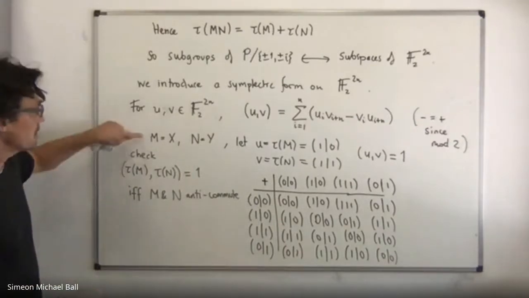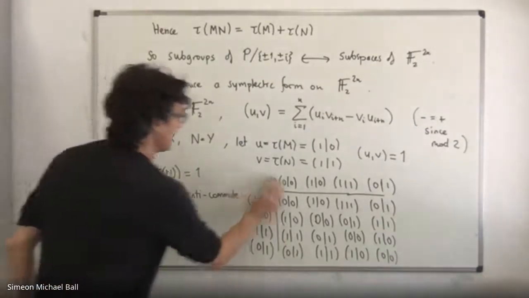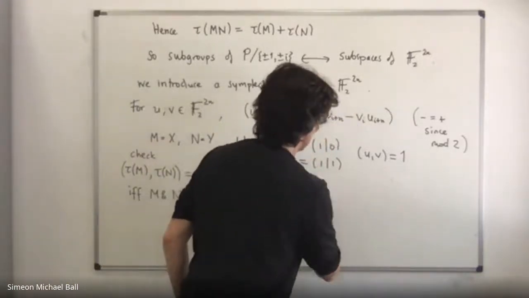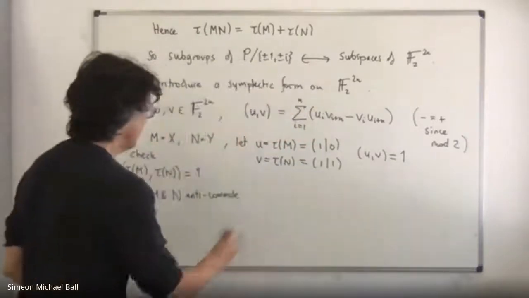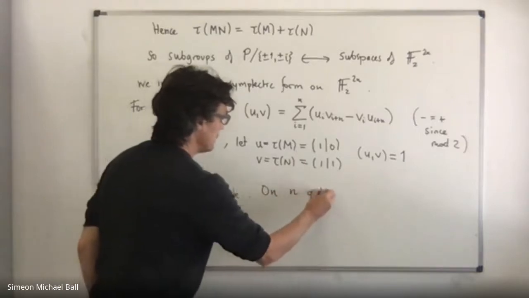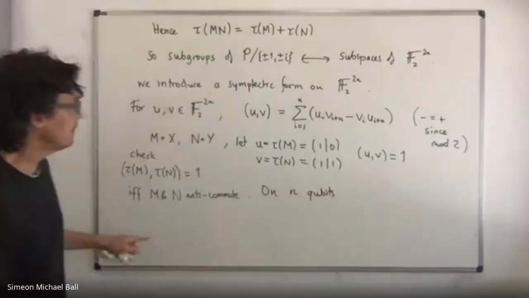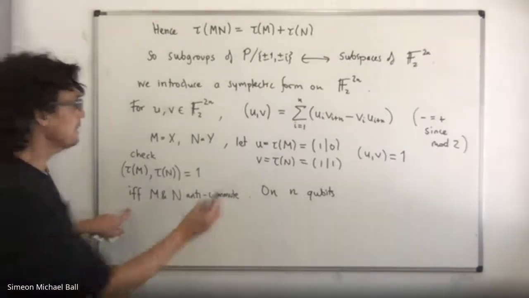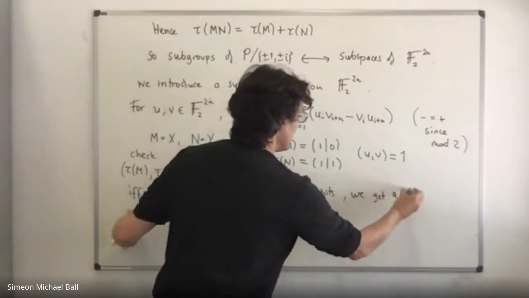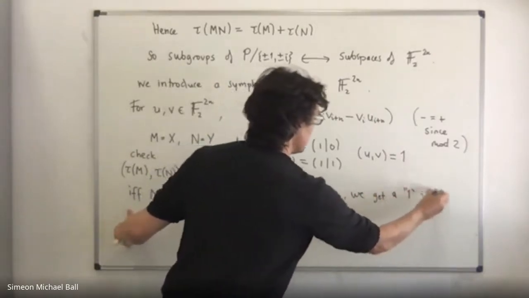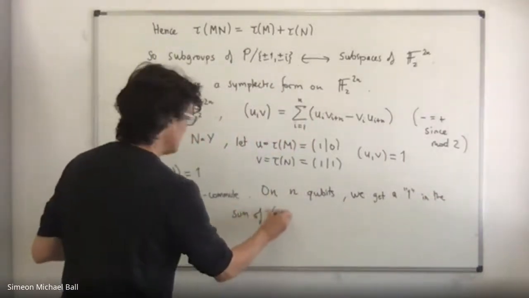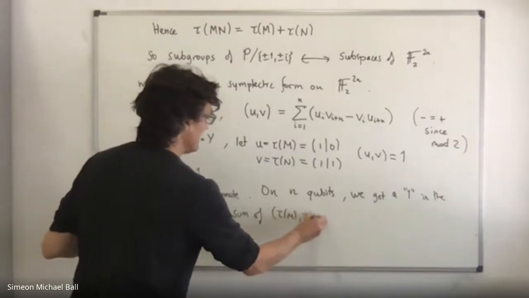So this is if there were just single powers, but what would happen if we had ones on n, on m qubits? Well, then we're going to get a 1 in the sum. So on n qubits we get a 1 in the sum of tau n, tau n.